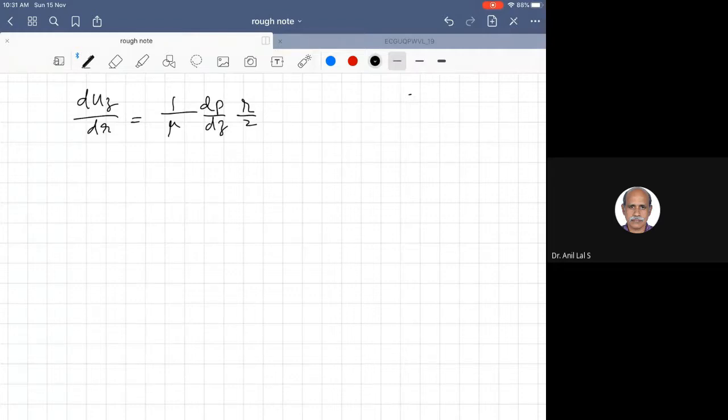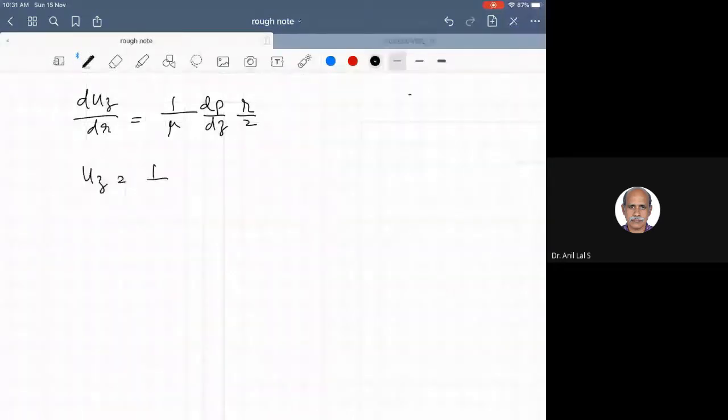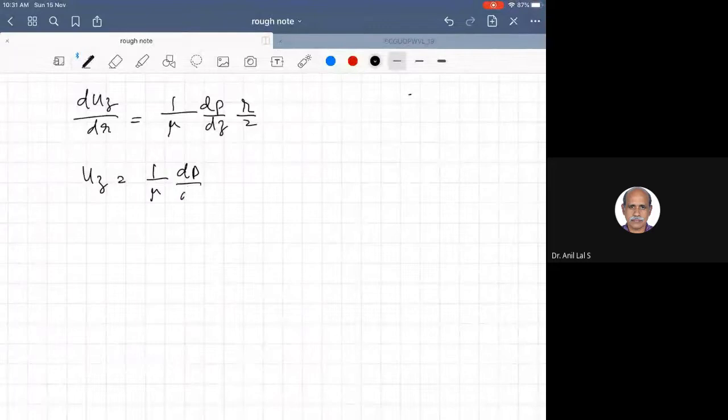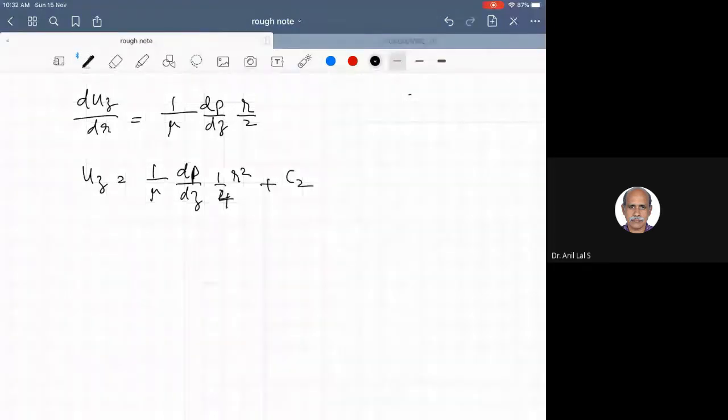Further integration we get uz is equal to 1 by mu dp by dz r squared by 4 plus c2. C2 is another constant.